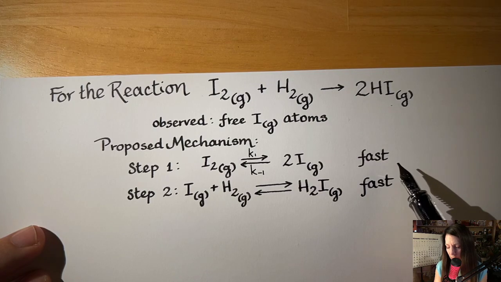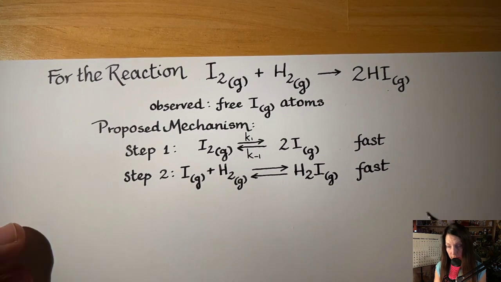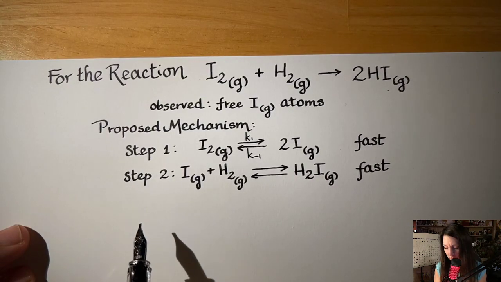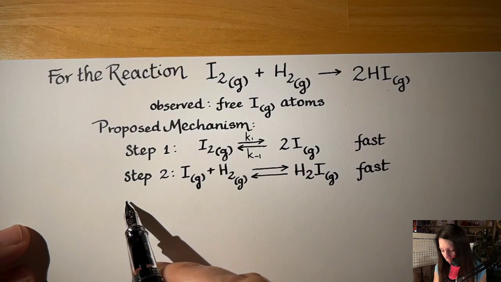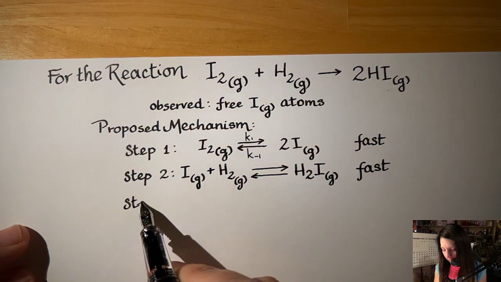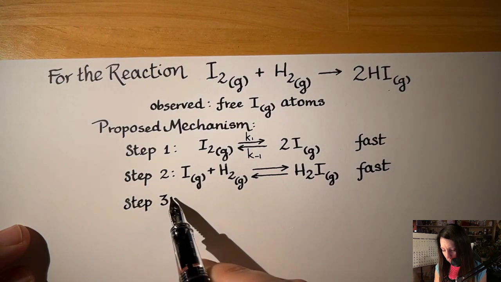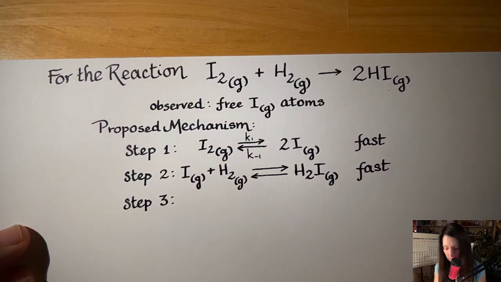Now we just use the terms fast and slow as a comparison for each of these elementary steps. And we need to know which one is going to be the slowest step, because that is the one that is going to designate what the rate law is.